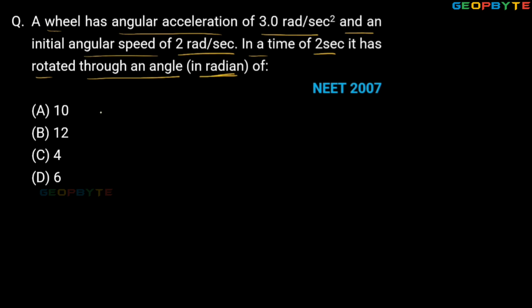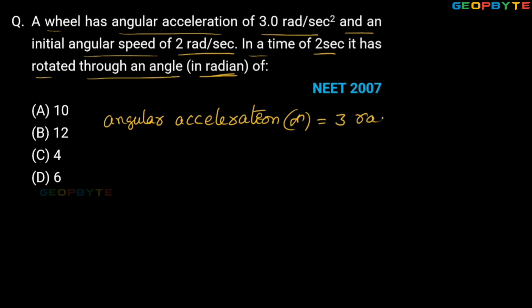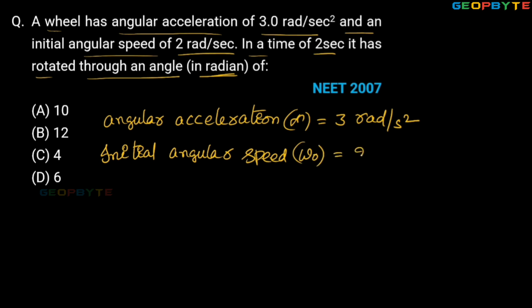For that, look at the data given. Angular acceleration is given. Let that be alpha equal to 3 radians per second square. And initial angular speed, let that be omega naught equal to 2 radians per second.